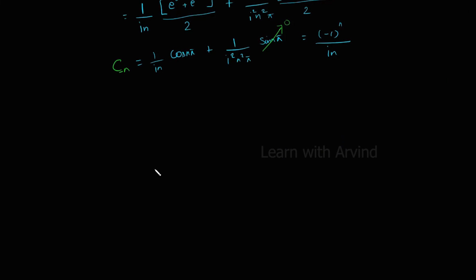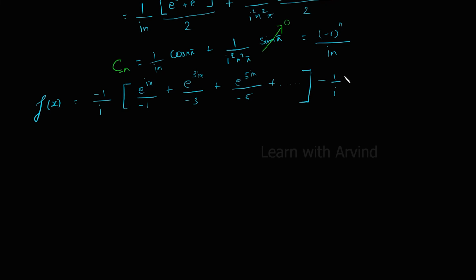Now applying these values in the complex form of Fourier series, we would get f of x is equal to minus 1 by i of e power i x divided by minus 1 plus e power 3 i x divided by minus 3 plus e power 5 i x divided by minus 5 plus and so on.